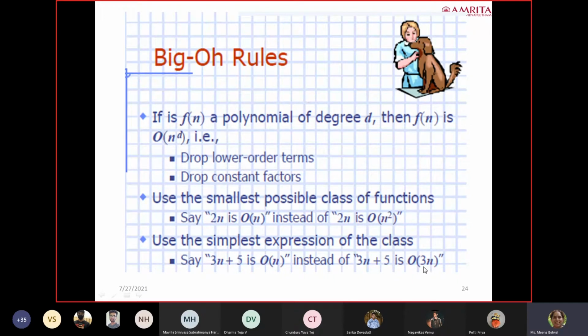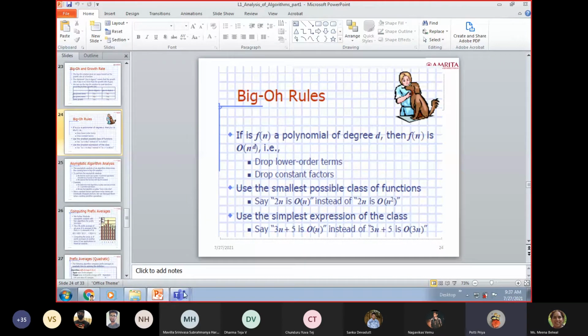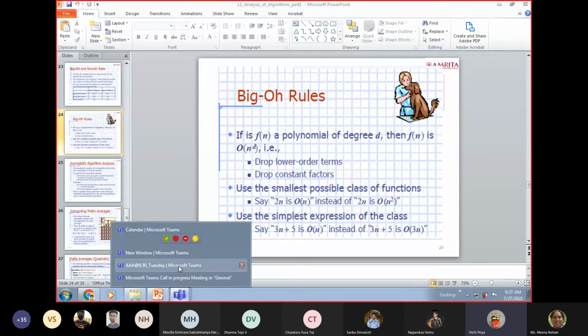Is it fine, students? My voice is fine? Is it audible? Is it clear? Kind of, ma'am, still it is coming slightly. Just the dots and device settings and noise suppression.